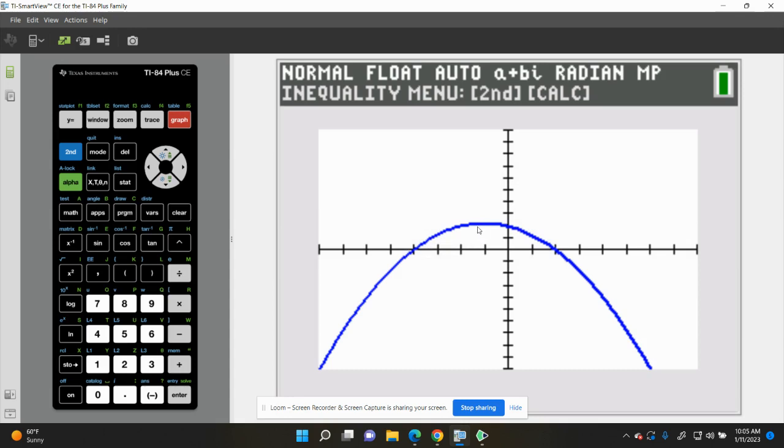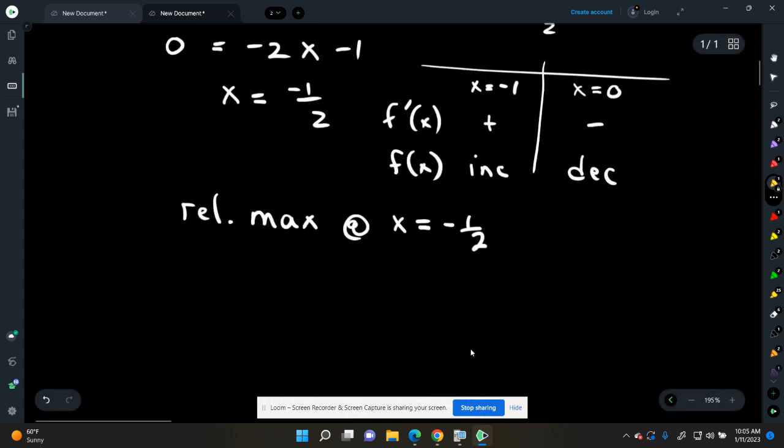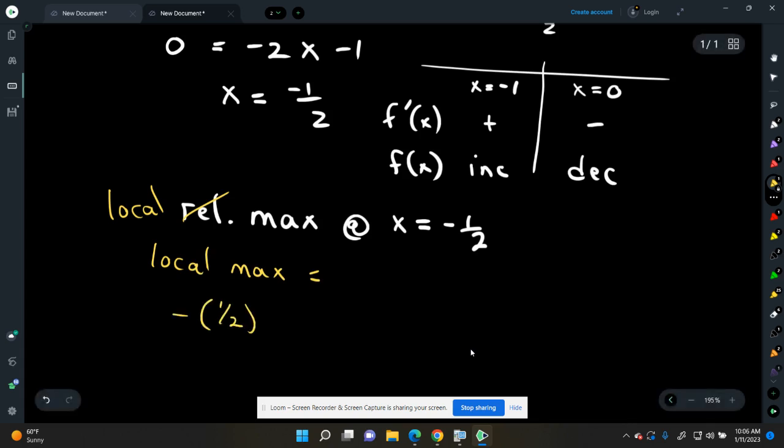What is the local maximum? So then you have to plug it in. The local or relative occurs at x equals negative 1/2, but the local maximum is the value. So we're going to go back to f of x. Negative 1/2 squared minus 1/2 plus 2.